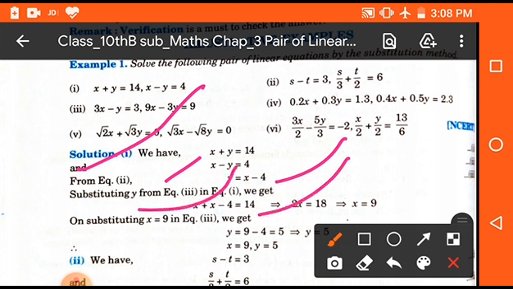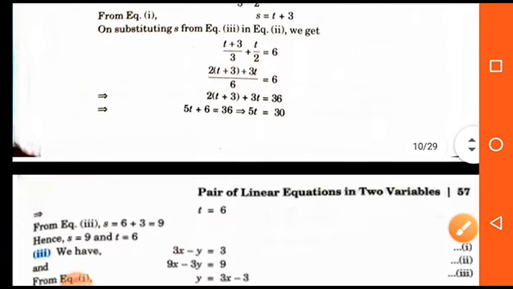By putting it, we get x = 9. Now the value of x we put in the second equation and we get the value of y. Clear? So x = 9 and y = 5 is the required solution. Clear?